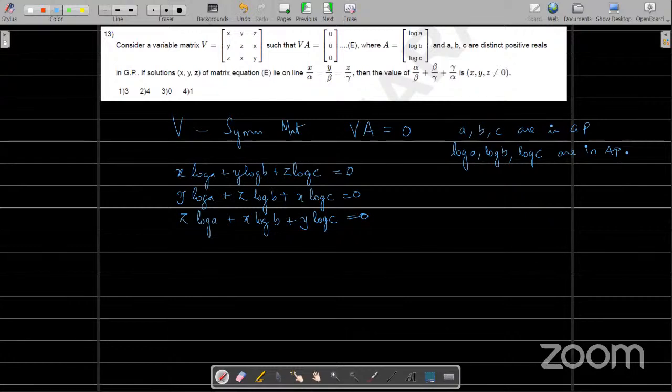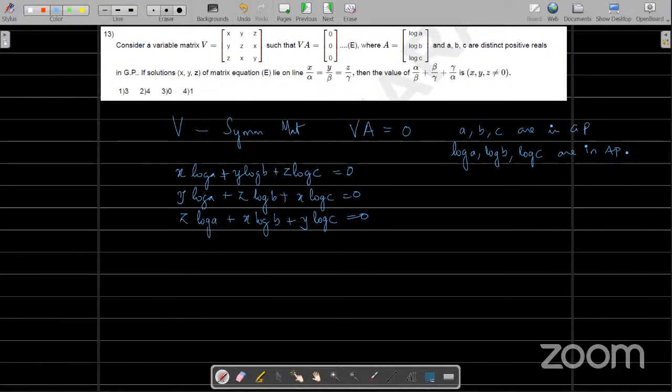Can I subtract these two equations? I will get x minus y times log a, log b, log c. And similarly for this set of equations, we cannot eliminate any one of them in this manner because of the cyclic symmetry.